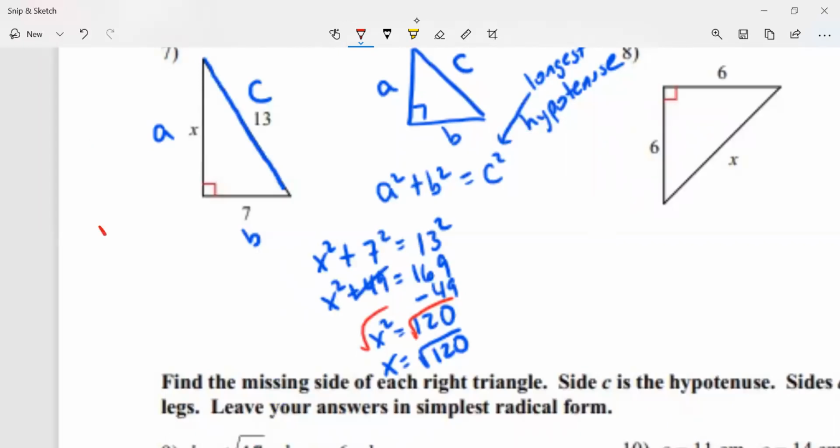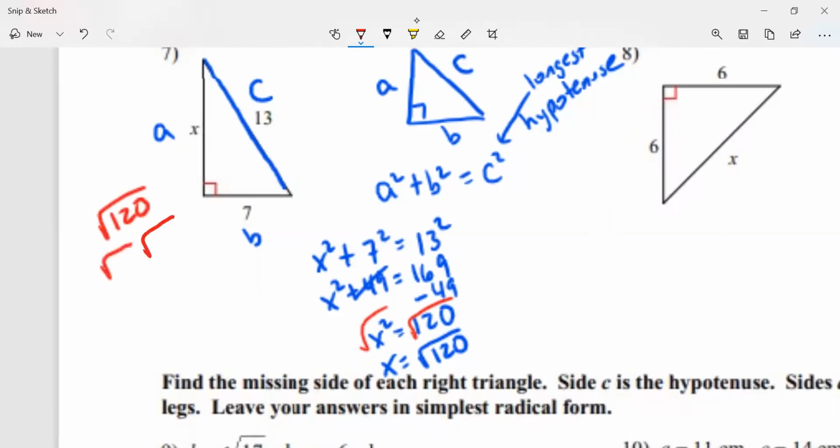So I'm thinking the square root of 120. I'm going to break this into 2 radicals. One of them is a perfect square. So I think 4 times 30. The square root of 4 is 2. Multiply this 2 with the number that was outside to begin with. I don't see anything. I'm assuming it's a 1.